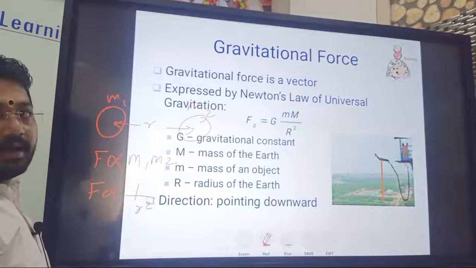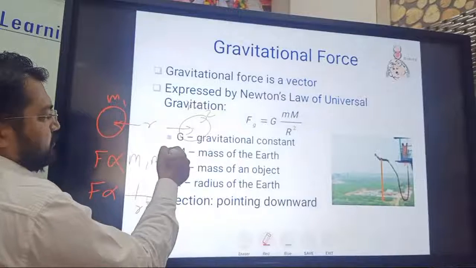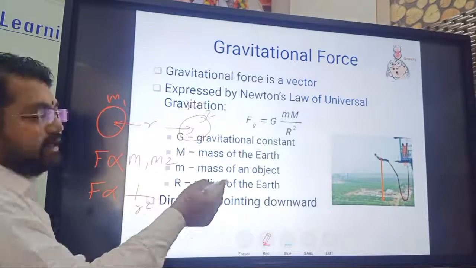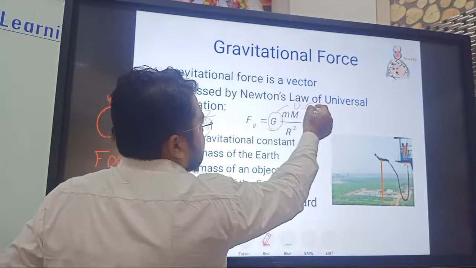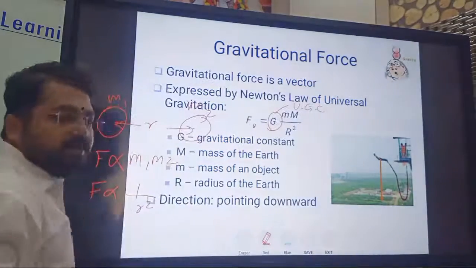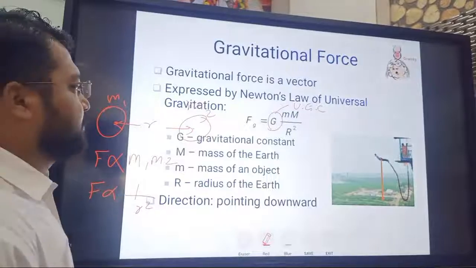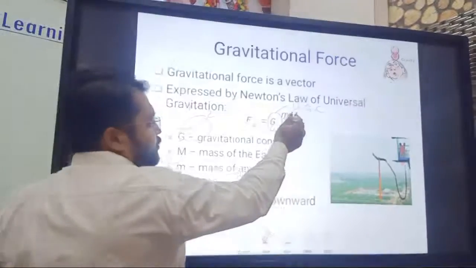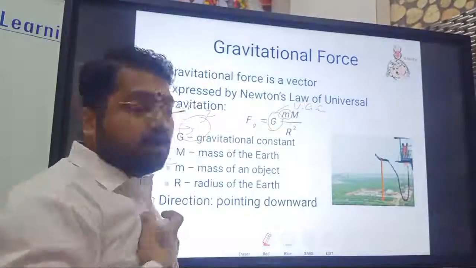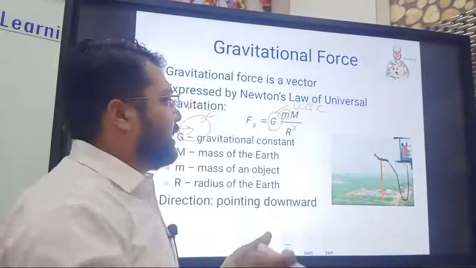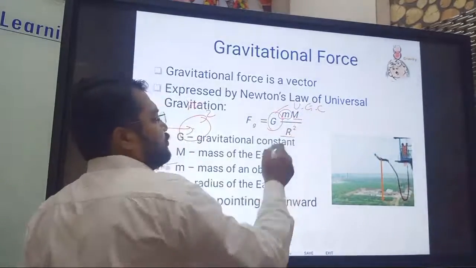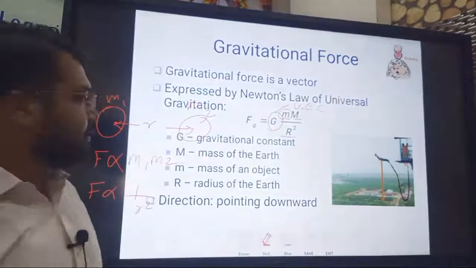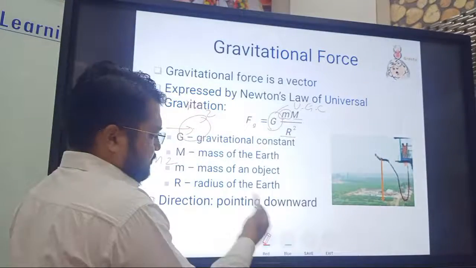To calculate this mathematically, we need one constant, so we have mentioned this G. This G is the universal gravitational constant. Small m belongs to the mass of the object, and capital M belongs to the mass of earth. Capital R belongs to the radius of earth. It is mentioned over here.